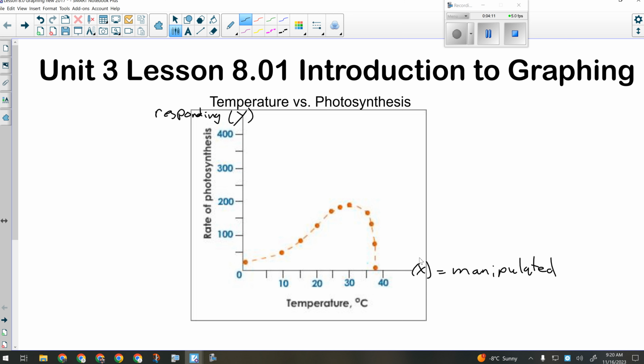So x-axis, the horizontal one, that's for manipulated variable. Y-axis, the vertical one, for responding variable. You need to have a title. You need to have labeled axes with units. Otherwise, the graph doesn't communicate very well, and we're left kind of guessing as to what the relationship might be or what's even on the graph.